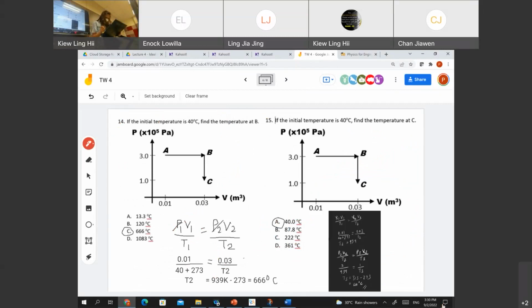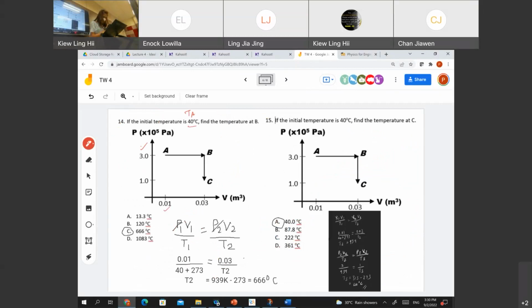Question 14. Find temperature at B. So very straightforward. Since temperature at A is given, you have the values of PA and also VA, so we can compare the ratio.